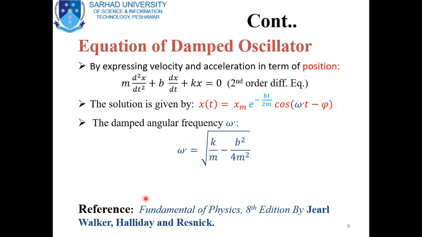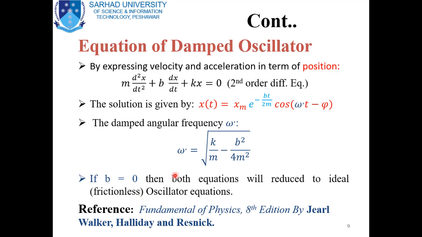If we put b equal to 0, then this omega prime will equal the natural frequency of the harmonic oscillator, and both equations will reduce to the ideal frictionless oscillator equation.